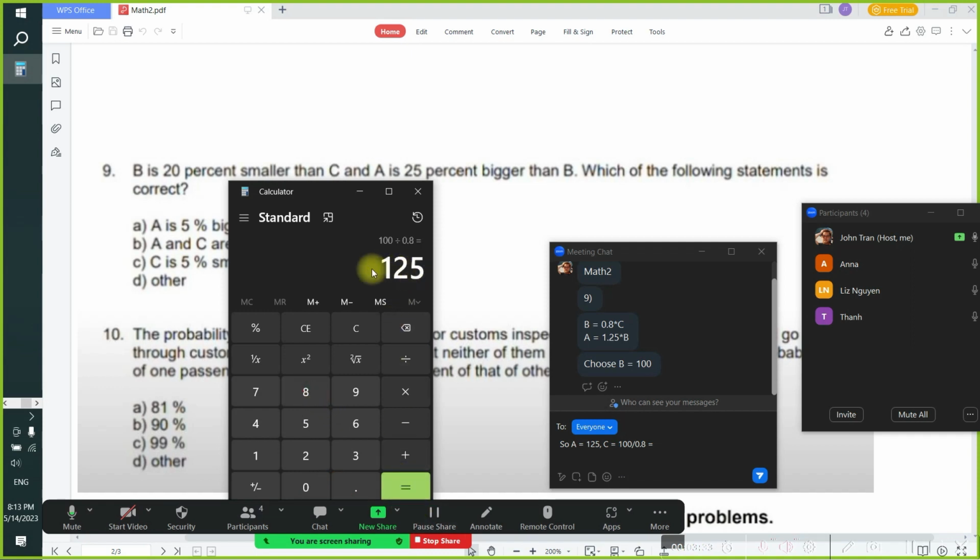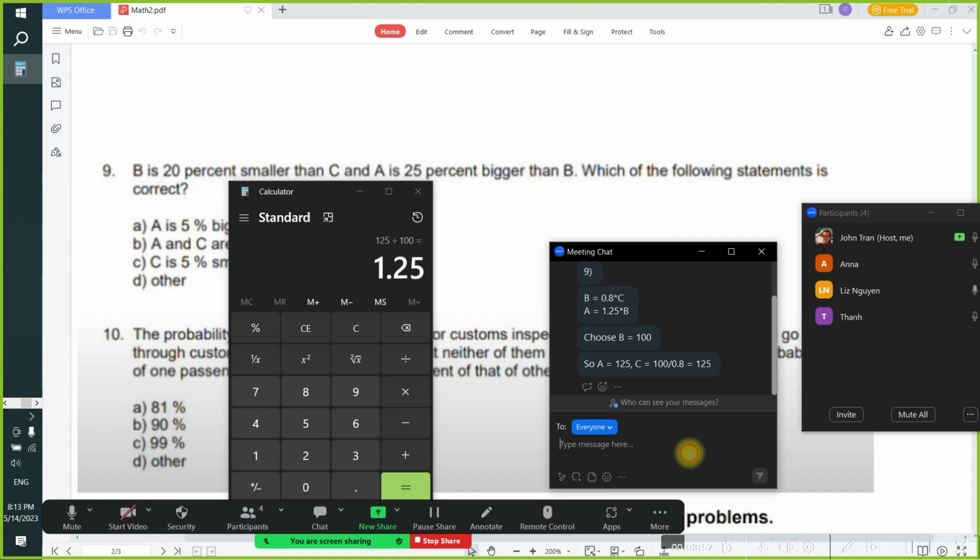You should get 125, isn't it? Do I make any mistake here? Because if you take C divided by B, you get this one. Oh, I think I make a mistake, right?